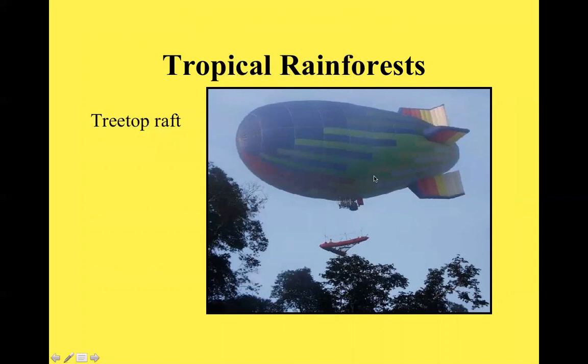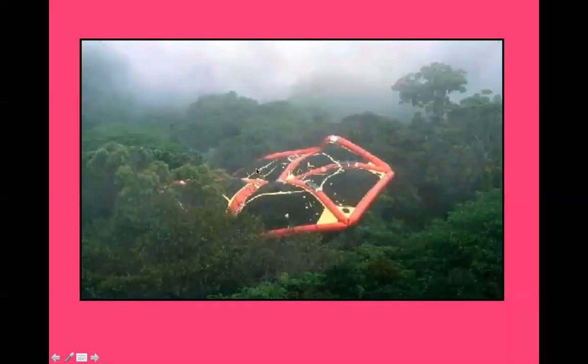The helium balloon can travel along and find the location where the scientists want to be to study, and lower the raft, and then they just leave it there. The scientists can work in the area, and there are little openings where they can take samples of the organisms and put them into containers to bring back later to the laboratories and to classify and study new life forms that we didn't know of before.